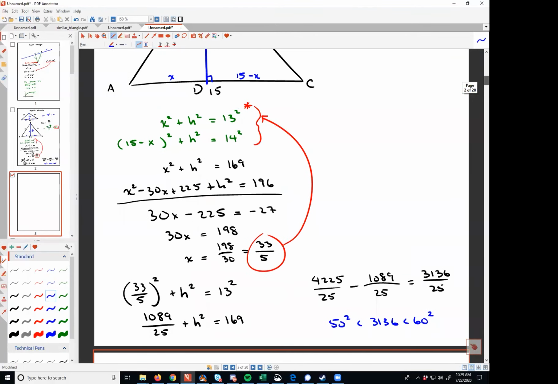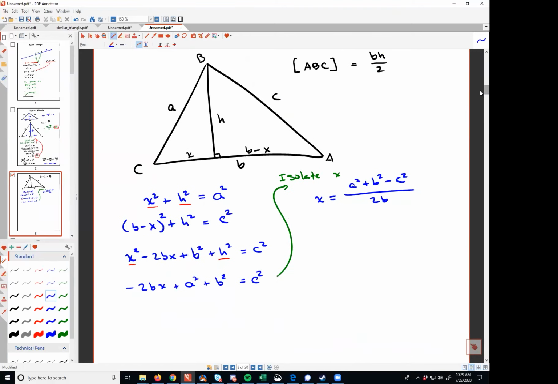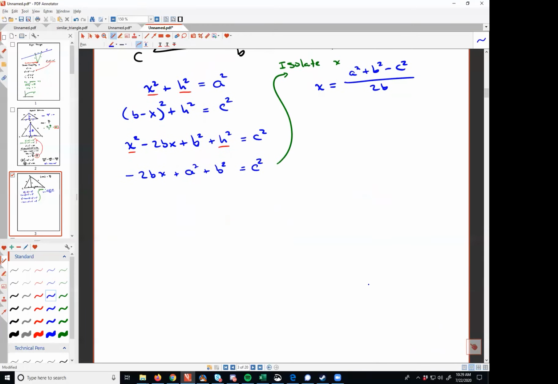So before we had x, and x was just a simple number, and then we plugged it back into the first equation. Here, are we going to plug that into x squared plus h squared equals a squared? I guess we're going to have to.